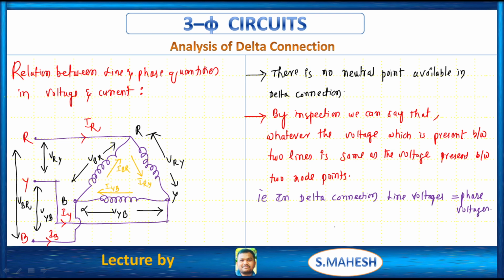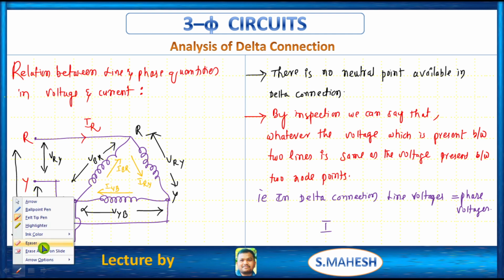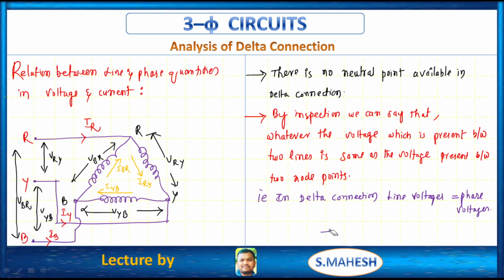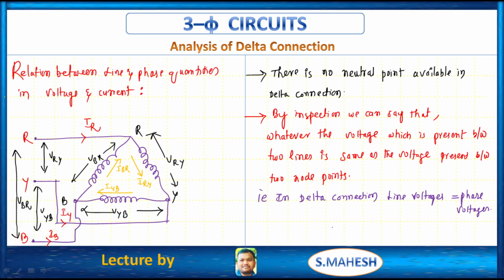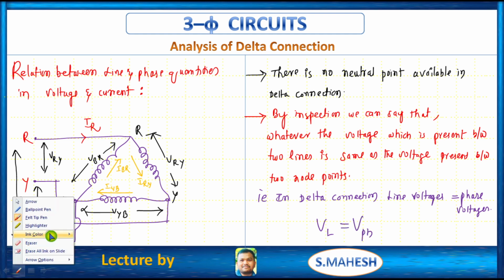That's it. In case of star connection, line current is equal to phase current, but here voltage, no? So in case of delta connection, line voltage is equal to phase voltage. That's it.